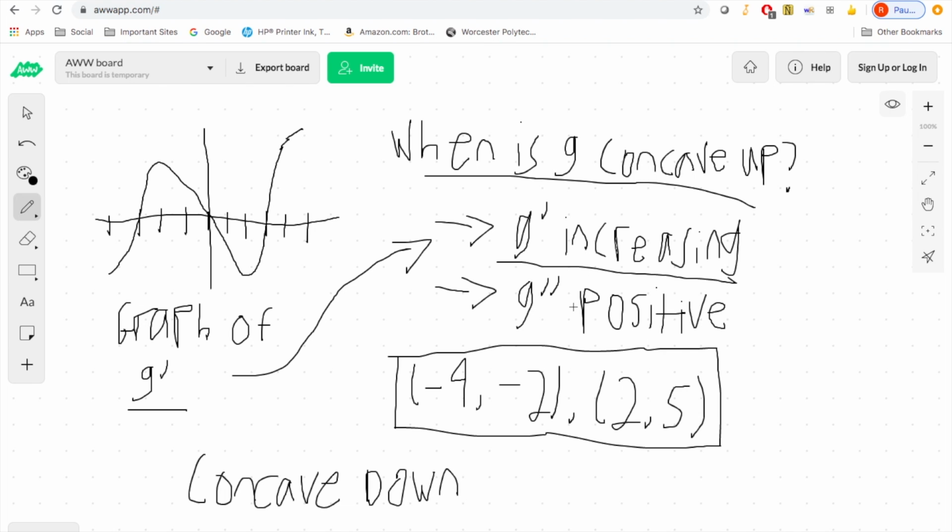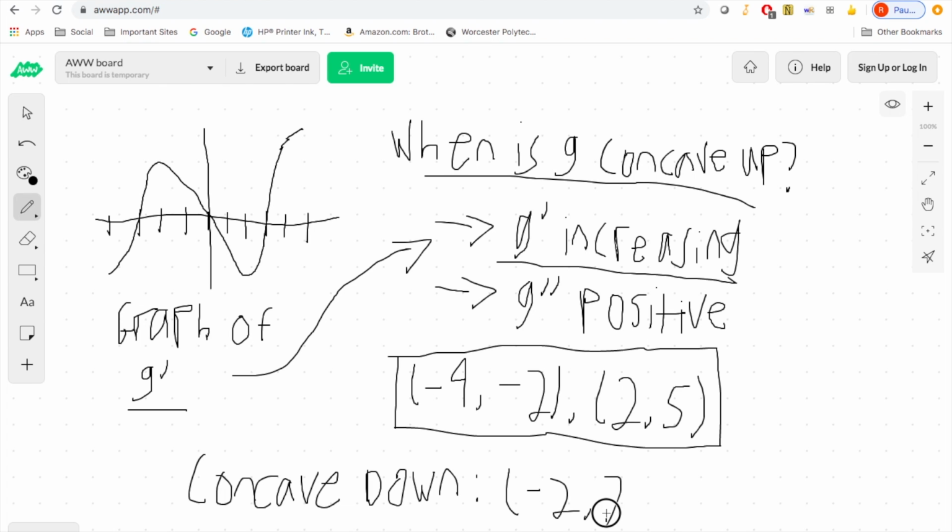That's just reverse from here. We are given G prime, so we're looking for where G prime is decreasing, and that is indeed going to happen from -2 to 2, the interval that is not mentioned in the solution of concave up.